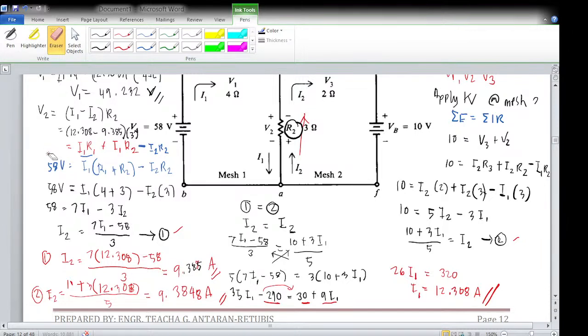How much? 8.769. Minultiply mo na sa 3. Oo, ma'am. 8 point.